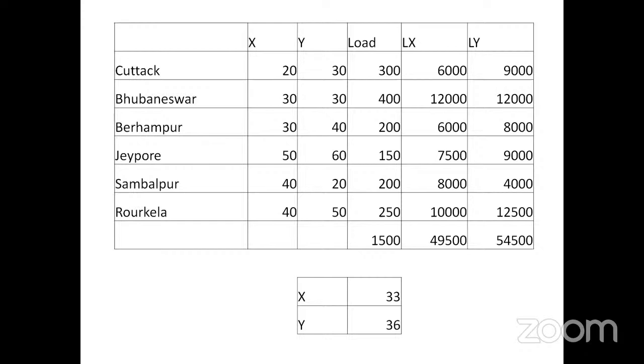I repeat, if the cost of transportation per unit product per unit distance travel is ₹10, what will be the total cost of transportation in a month if you have the warehouse at X coordinate 33 and Y coordinate 36?